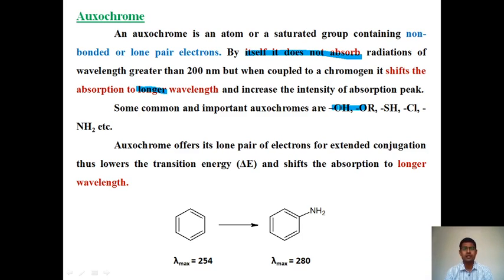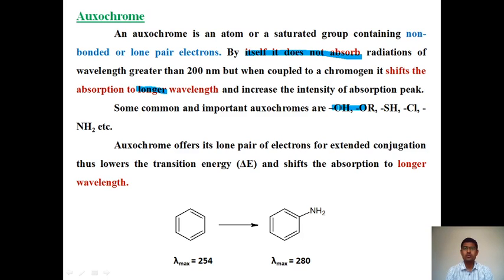Sulfur, chlorine, nitrogen, all of them contain lone pairs of electrons. They themselves don't absorb, but when they are attached to a chromophore, they increase the lambda max value. The auxochrome offers its lone pair of electrons for extended conjugation and thus lowers the transition energy and shifts absorption towards longer wavelength.